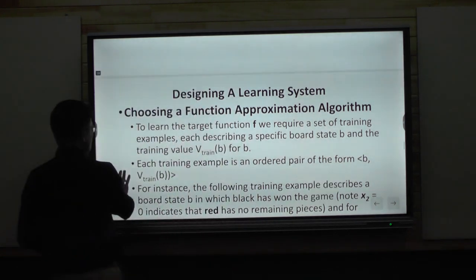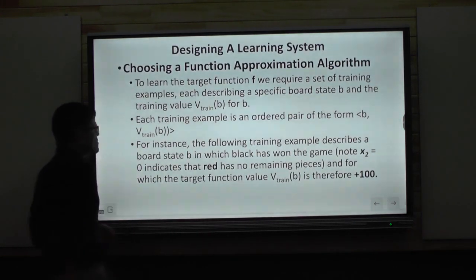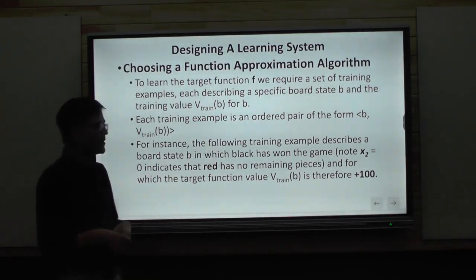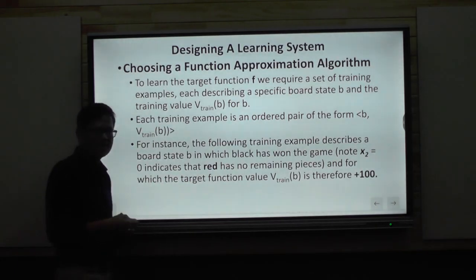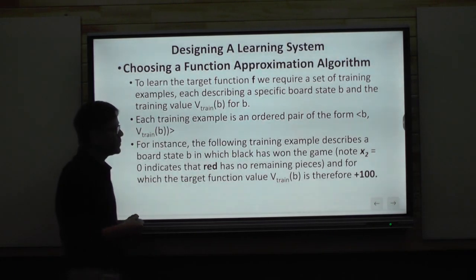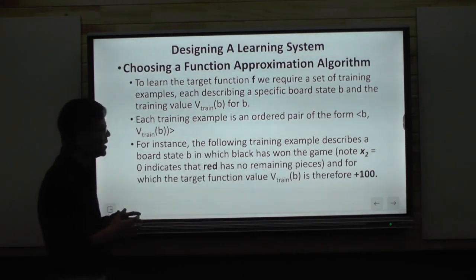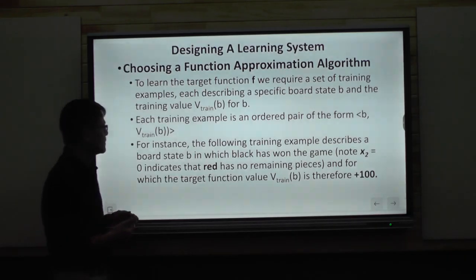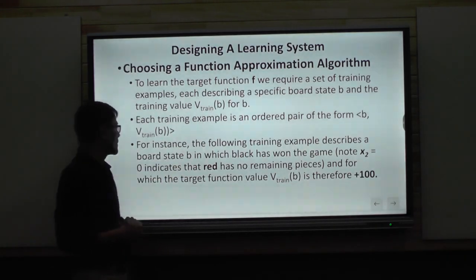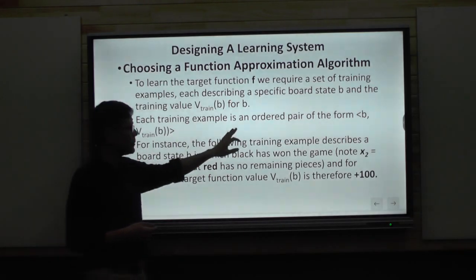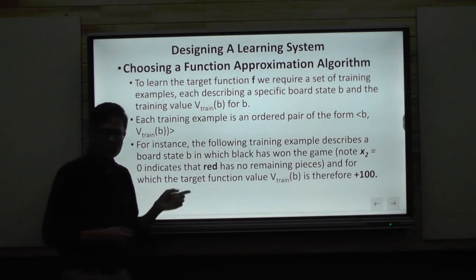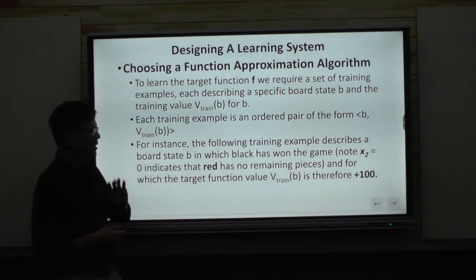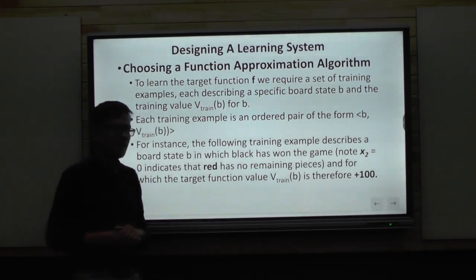To learn the target function f, we require a set of training examples, each describing a specific board state B and the training value that we call V train B. Each training example is an ordered pair of the form board state and V train B. So this tuple is an ordered pair.